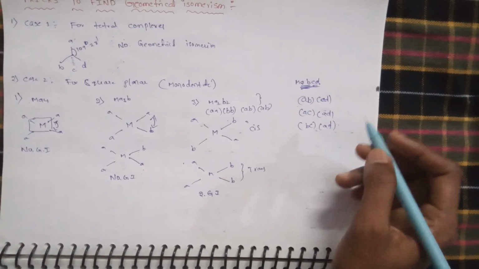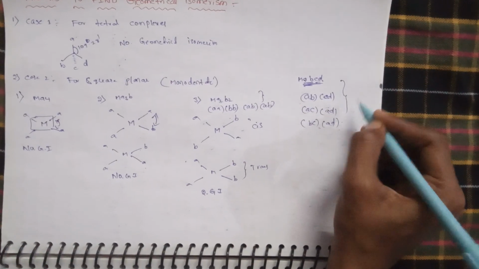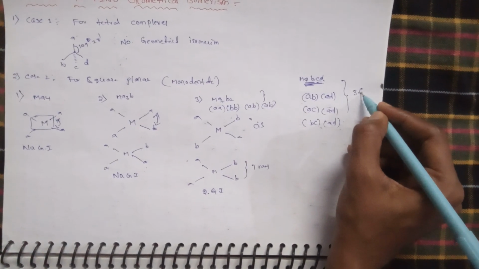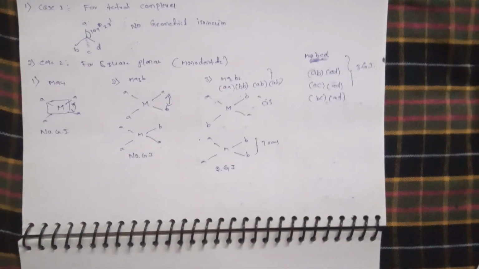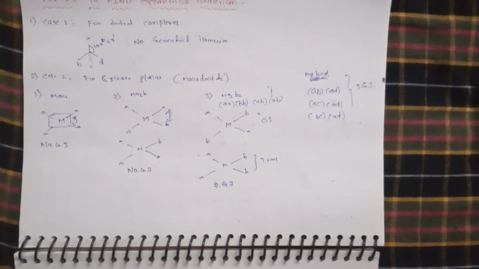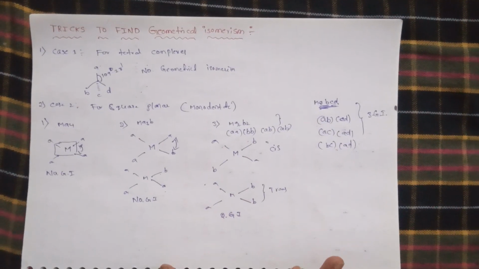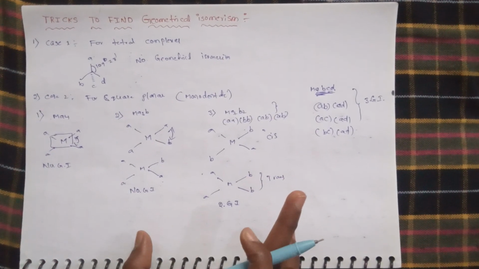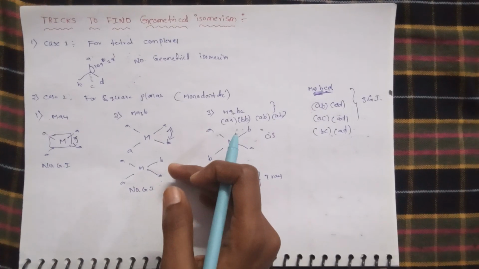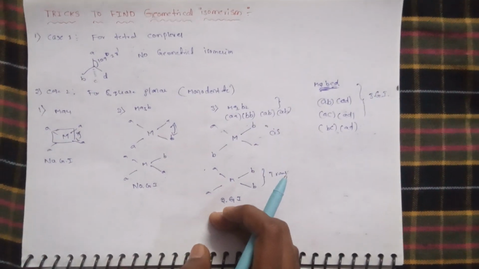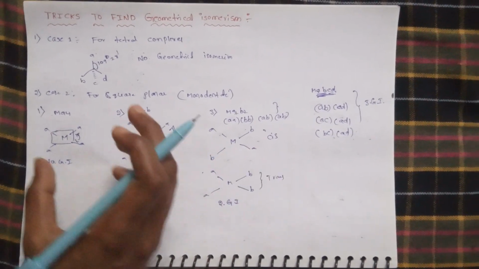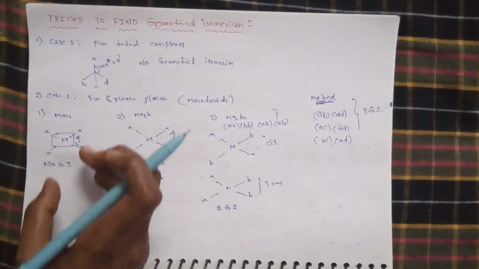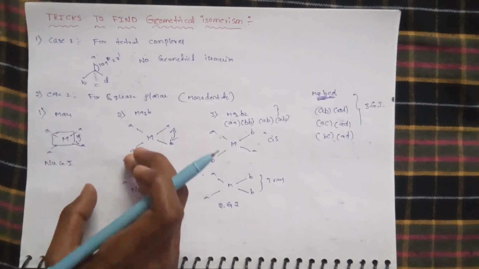So here three sets are possible. How many geometrical isomers? Three geometrical isomers are possible. This is the most important topic for monodentate ligands. For calculating it, first write the number of sets possible, and that number of sets is the number of geometrical isomers. When a compound is given, you have to calculate how many sets are possible.